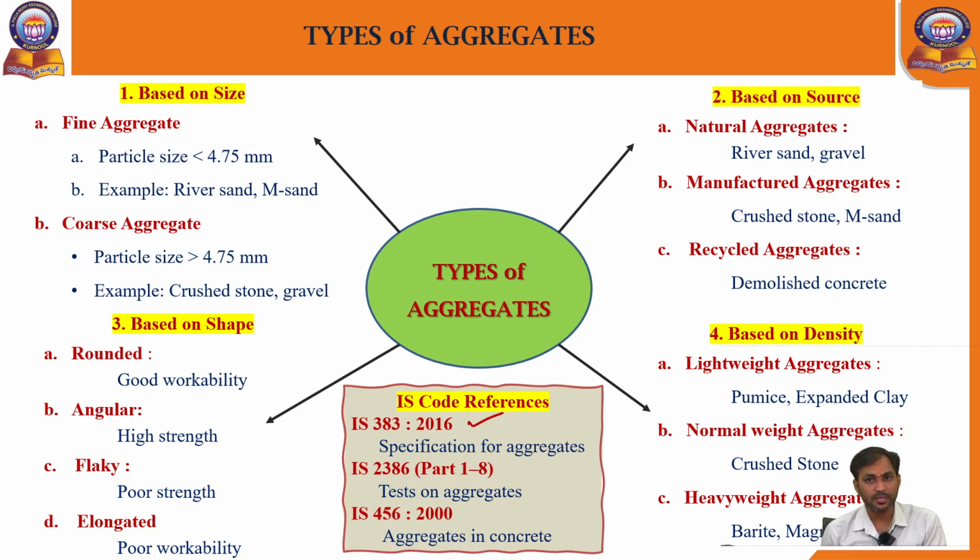What are these parts? They include the types of tests conducted for aggregates. For example, sieve analysis test, size test, shape test, strength test, specific gravity test, and water absorption test. All the different types of tests are available in IS 2386 part 1 to part 8.